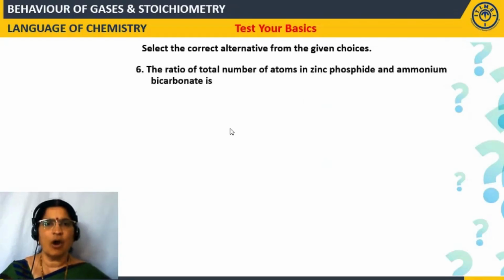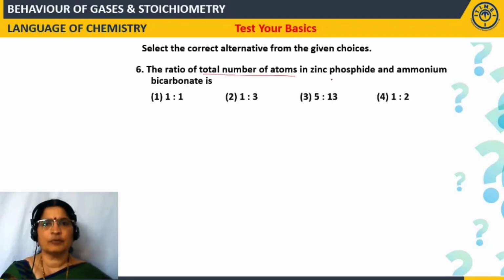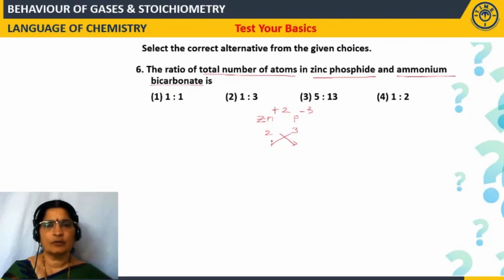The ratio of total number of atoms in zinc phosphide and ammonium bicarbonate. You have to find the ratio between zinc phosphide and ammonium bicarbonate. So let us derive the formula of zinc phosphide and ammonium bicarbonate. Zinc is Zn plus 2, and phosphide is P minus 3. Now 2, 3. If we crisscross the valencies, you get 3 and 2.